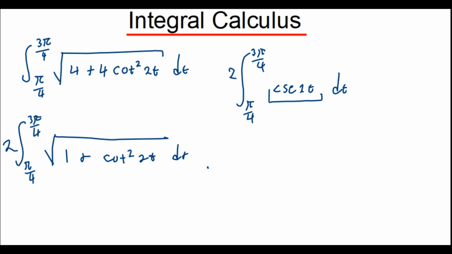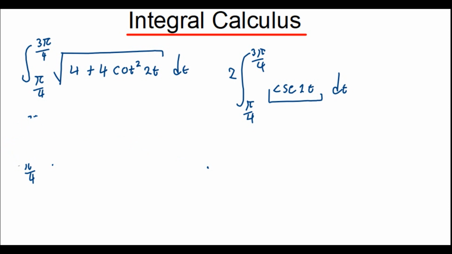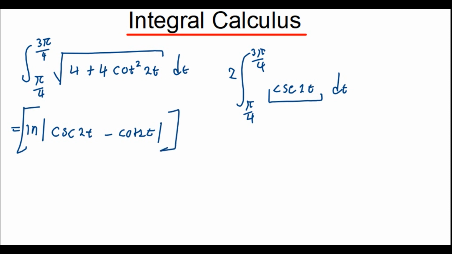Actually, this one, the solution, when you check the table of integrals, if I'm not mistaken, would just be equal to the natural log of cosec 2t minus cot 2t, like that. Having in mind that you're evaluating with those limits, which is pi over 4 to 3 pi over 4.